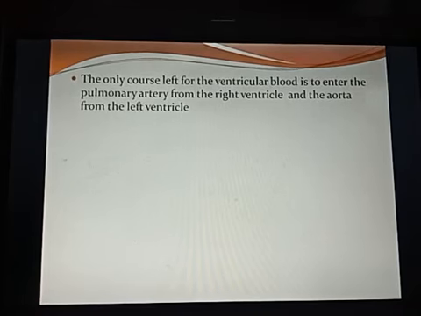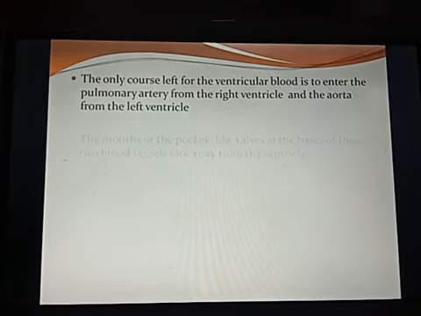The only course left for the ventricular blood is to enter the pulmonary artery. Now where can the blood go? It cannot go back into the respective auricles. Therefore, it will move into the pulmonary artery from the right ventricle, and into the aorta from the left ventricle.